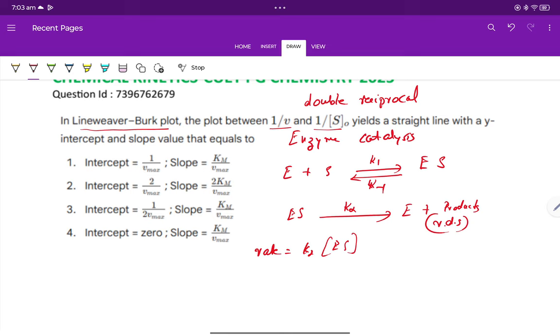Now your task is to determine ES, the enzyme substrate complex. As we know, we cannot determine the exact concentration of ES. You have to apply the steady state approximation, SSA, for the determination of ES. Two assumptions are made here.